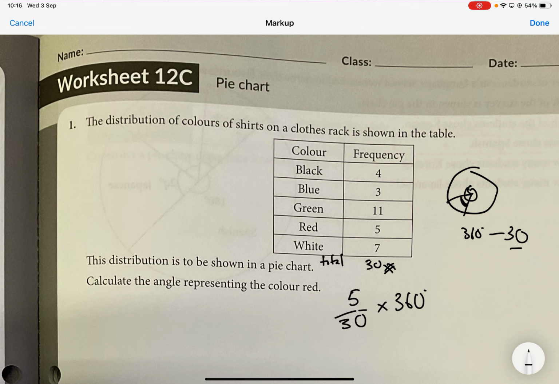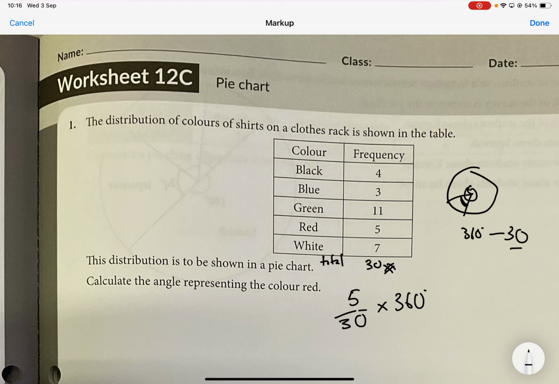It is also a bit linked to your percentage. The whole is 30, and I want to find out 5 is how many degrees. So 5 over 30 times 360.